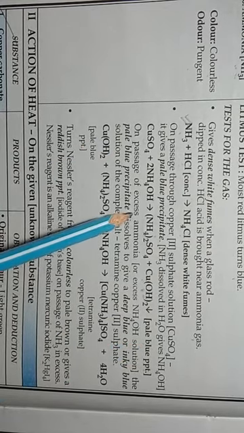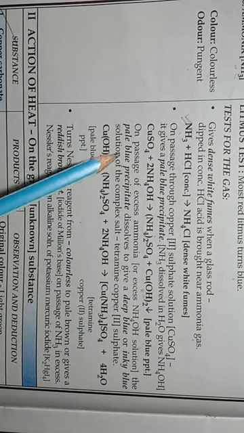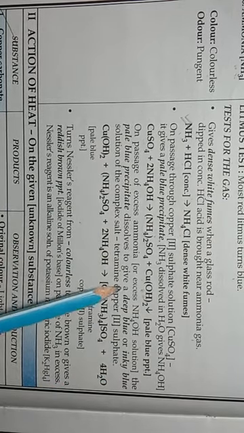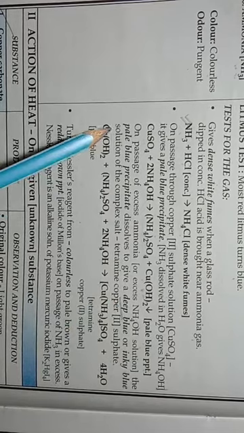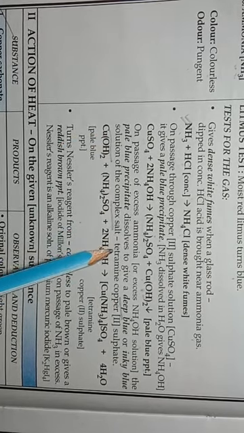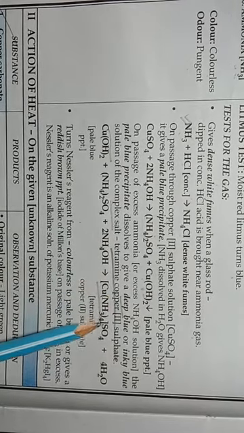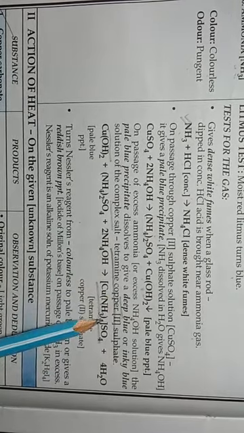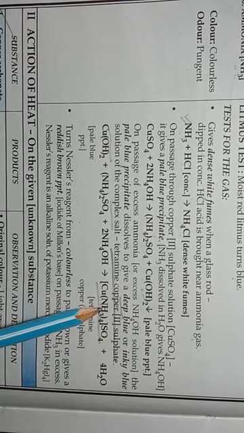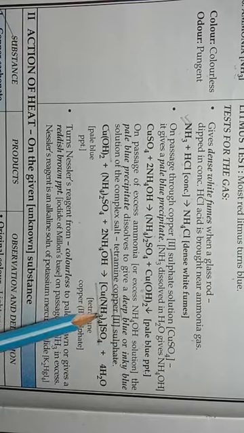On passage of excess ammonia, the pale blue precipitate dissolves to give a deep blue or inky blue solution of the complex salt, and this complex salt is actually tetraamine copper(II) sulfate. This is tetraamine: ammonia in a complex salt is known as amine. 4 ammonia molecules are present.